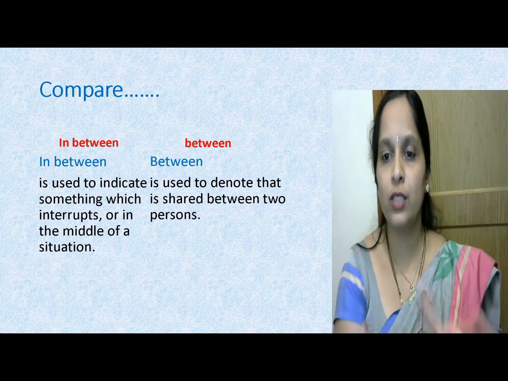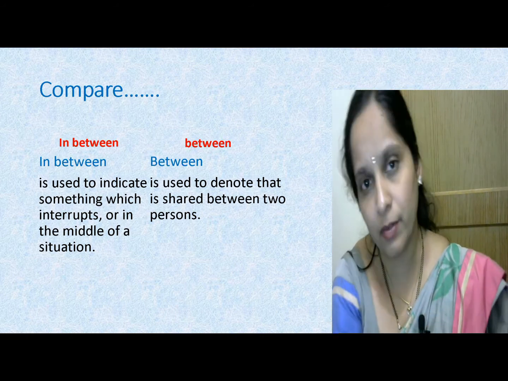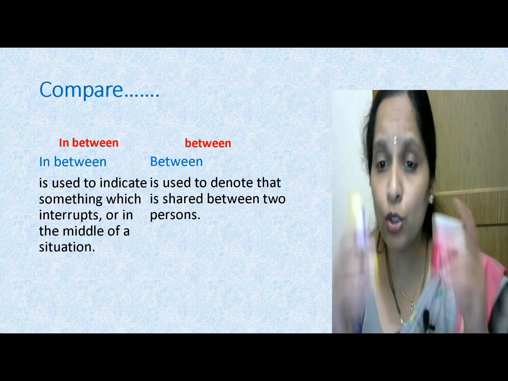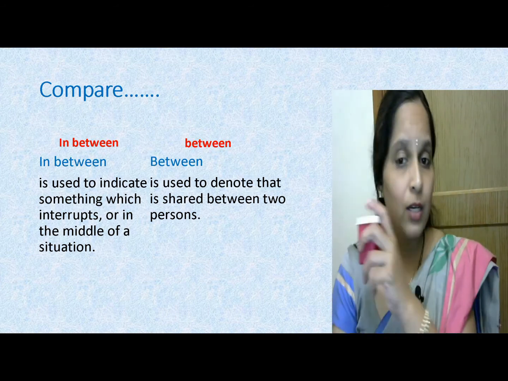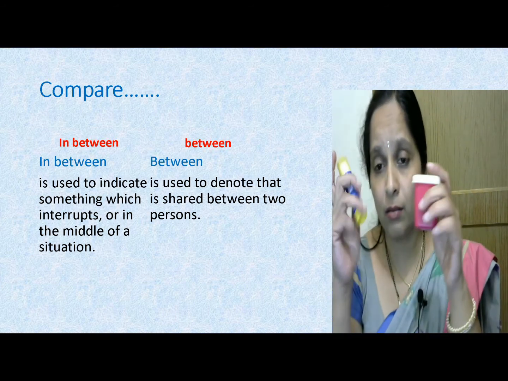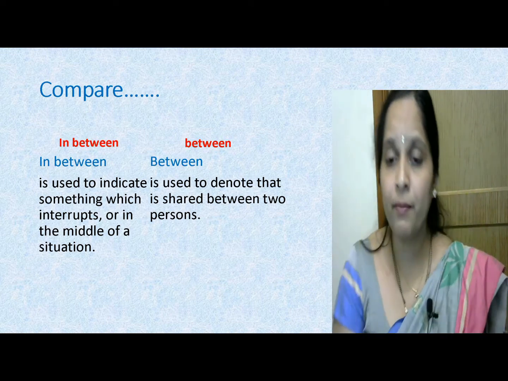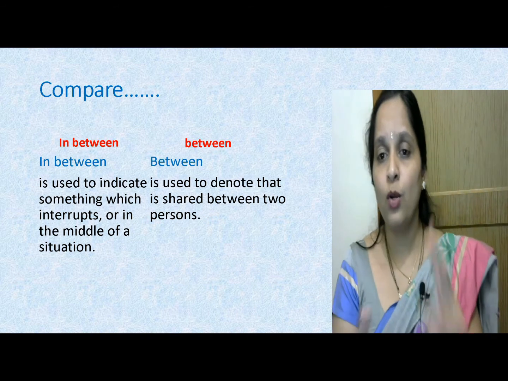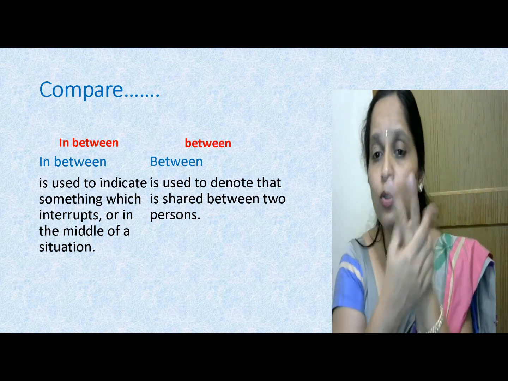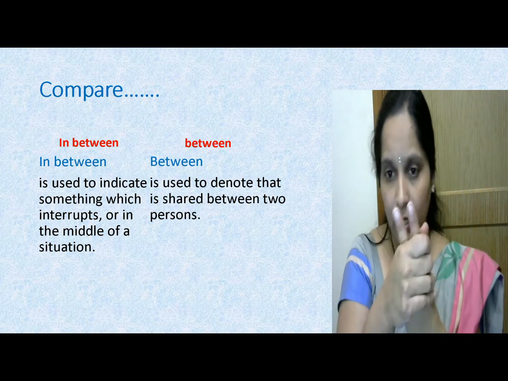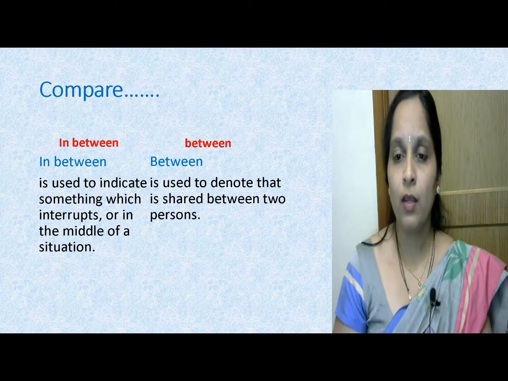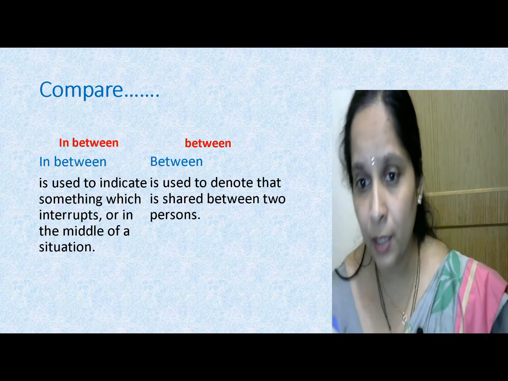Between, as you know, is used wherein you share something between two people or two things. Nobody else could be included between two things, two people. Between is only used when you are talking about two individuals, two things in particular. So, what could be the example?